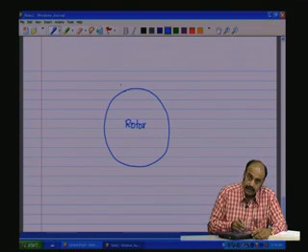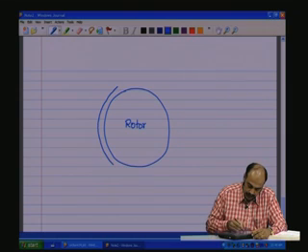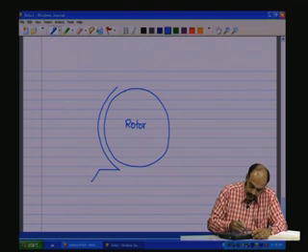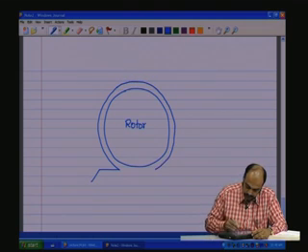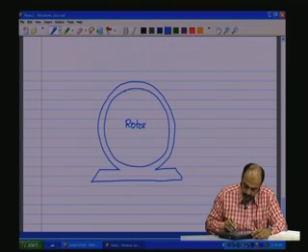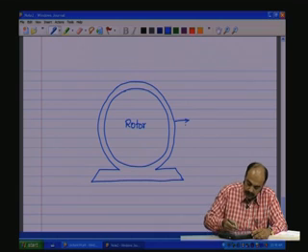Then there is another part which is fixed and stationary, and that is called the stator.